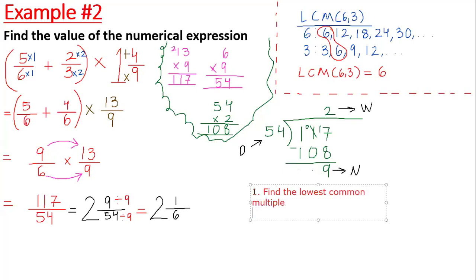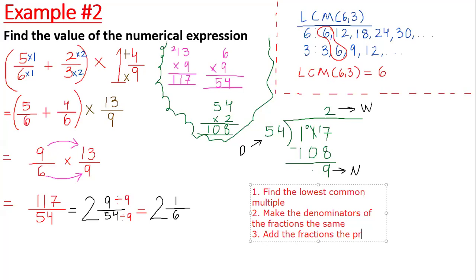The second thing we have to do is make the denominators of the fractions the same. The third thing we have to do is add the fractions in the bracket, in the parentheses.